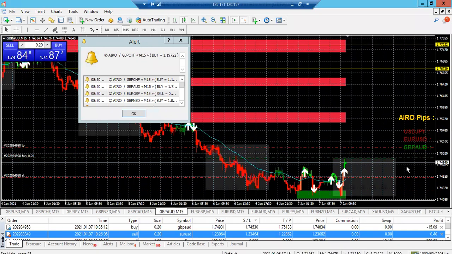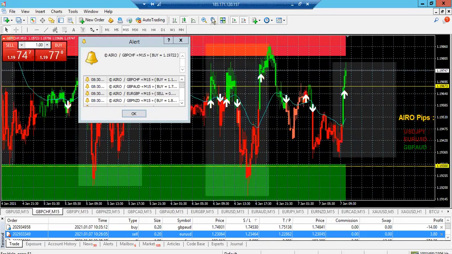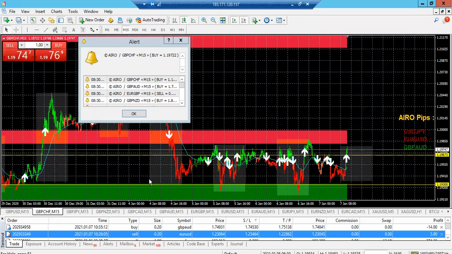So down to the 15 minutes, the market is having a little drawdown. I will say drawdown, not comeback. So we check GBP CHF. Exactly. The market is consolidating within this support and resistance. If you can see, it's just bouncing up, down, up, down.